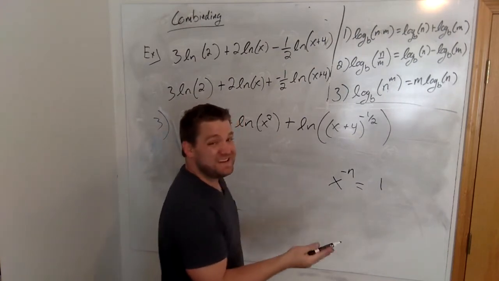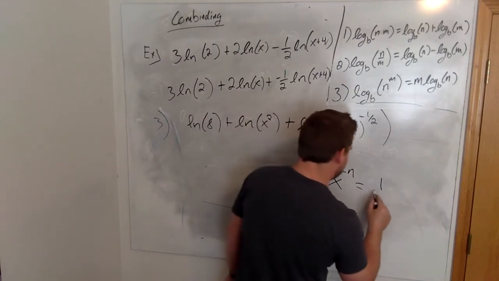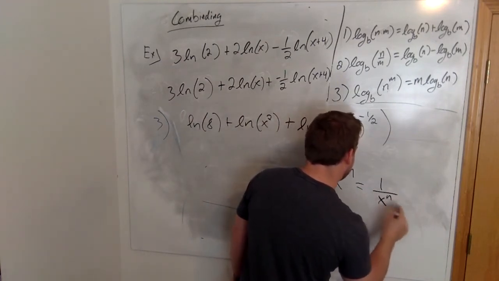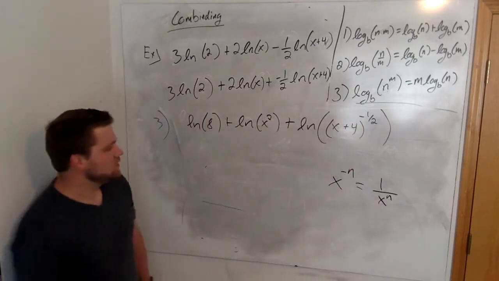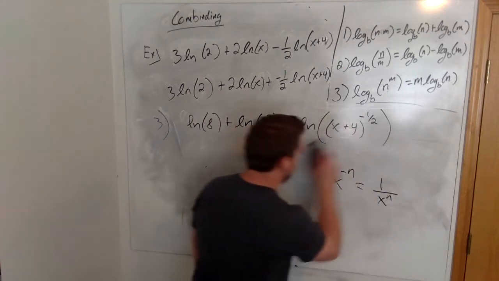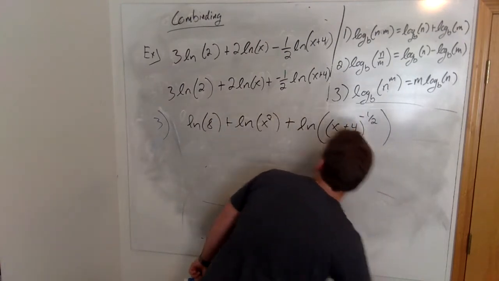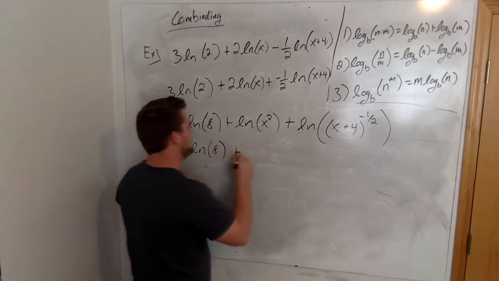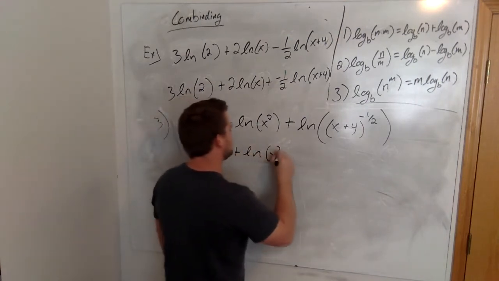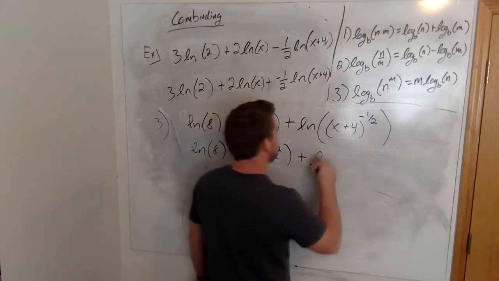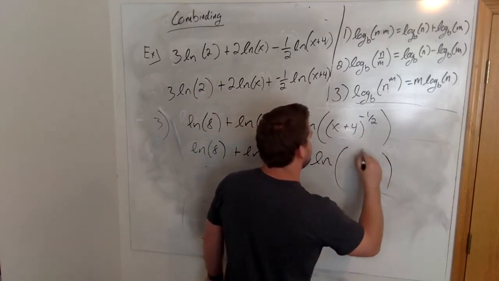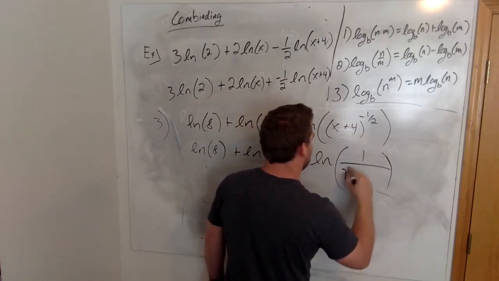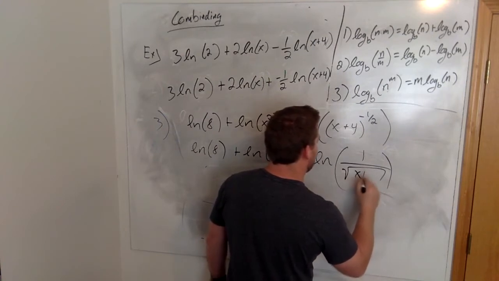Negative exponents mean divide, so this means divide by x n times. So putting this all together, this says the same thing as the natural log of 8 plus the natural log of x squared plus the natural log of 1 over the square root of x plus 4.